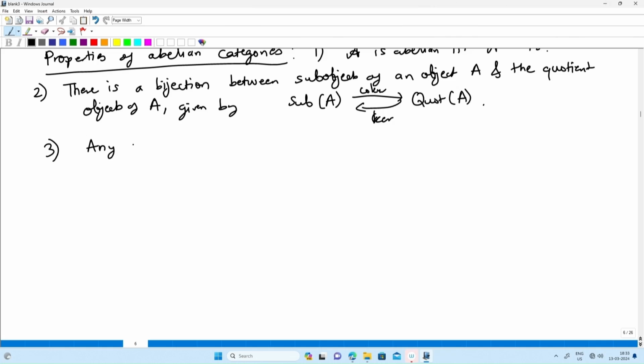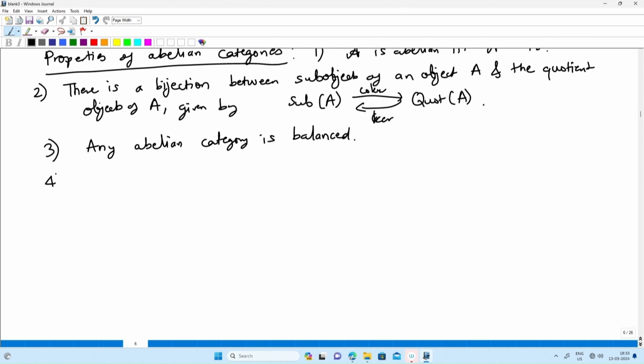So any Abelian category is balanced. What is the meaning of balanced? Mono plus epi is iso. But every mono is normal and regular mono plus epi is always iso. So therefore, any Abelian category is balanced.